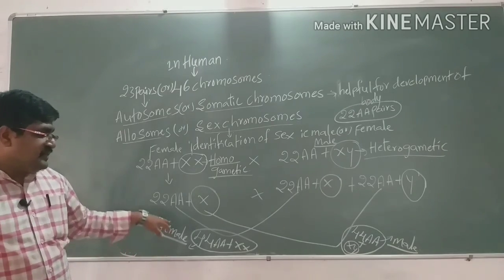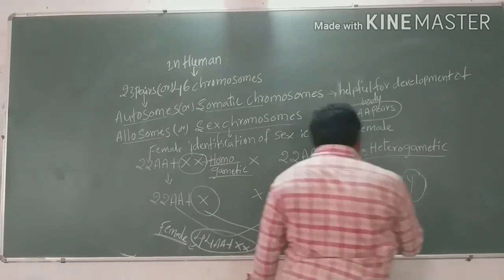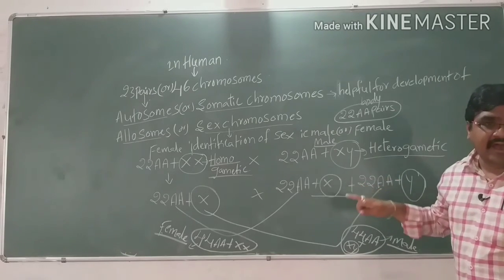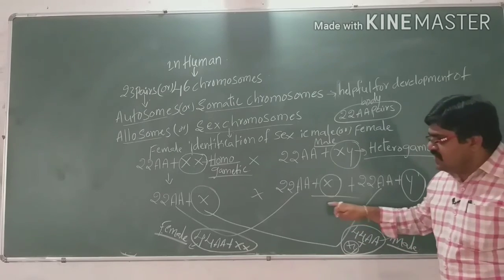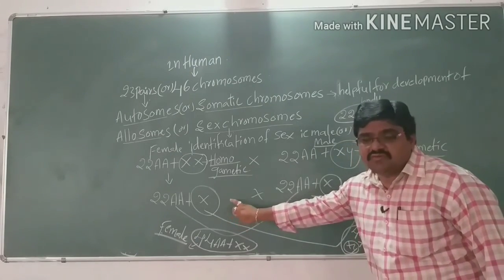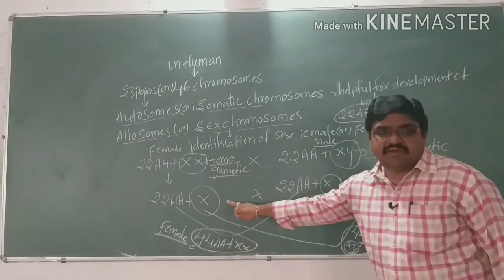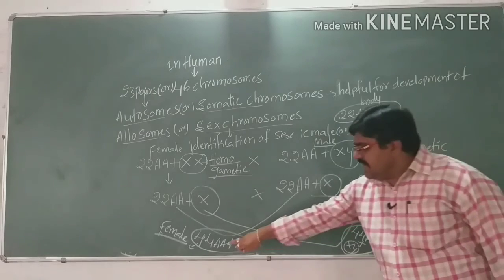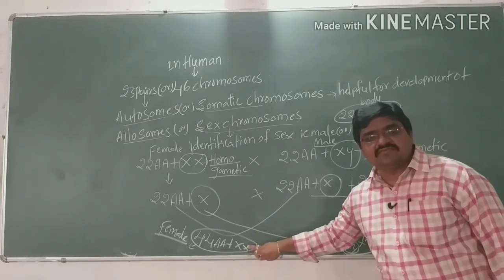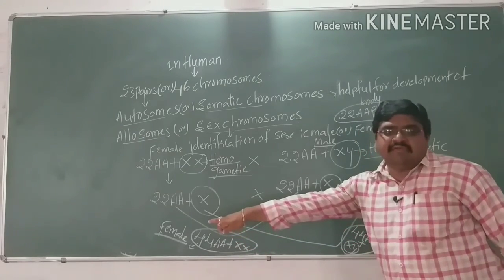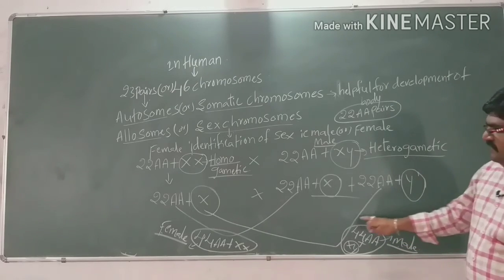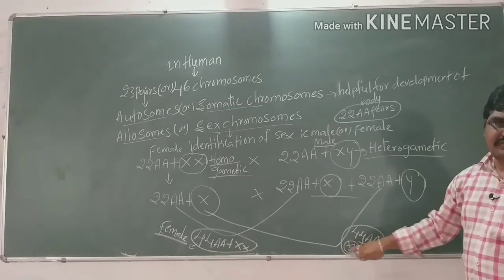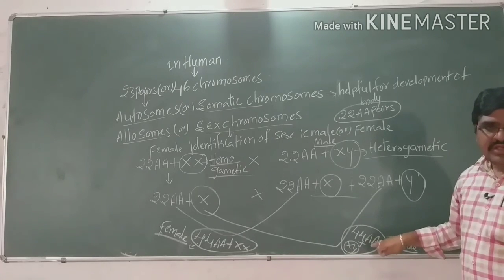So it shows that the males are responsible for producing the young ones, either a male or a female organism. Here 22 pairs of autosomes plus one X chromosome, and male and female fuse: 44 AA plus XY, XX, that means 46 chromosomes are produced. 44 plus 2 gives 46 chromosomes.